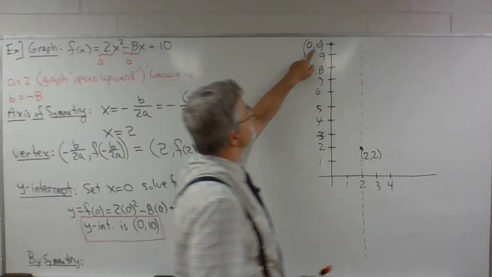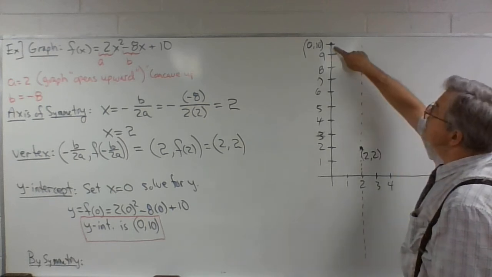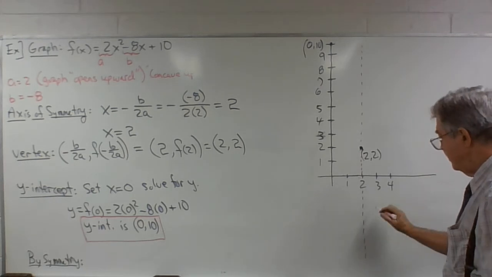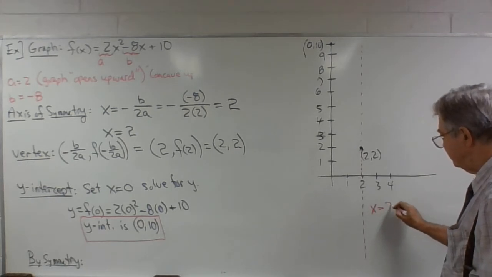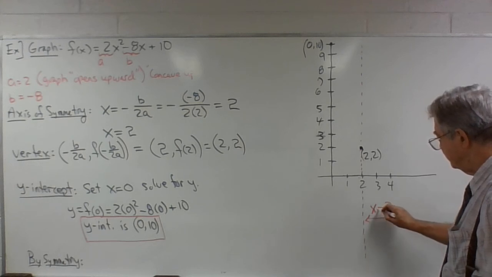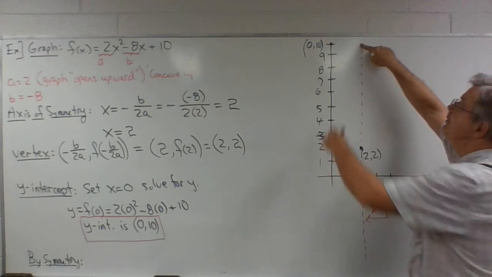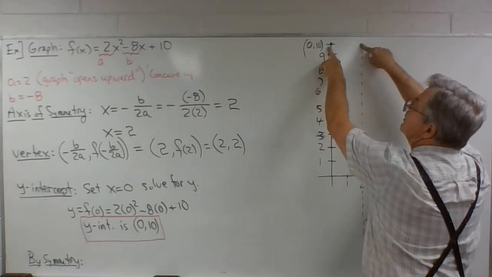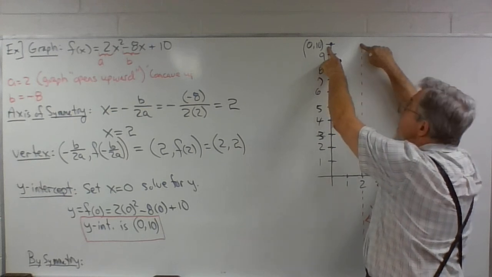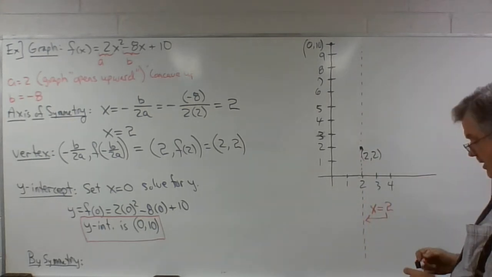We have our y-intercept, x equals 0, y equals 10. How far is this point from the axis of symmetry? And remember, the axis of symmetry is x equals 2. So right here, x is equal to 2. Right at the y-intercept here, x is equal to 0. So how far away are they? 2 units away.